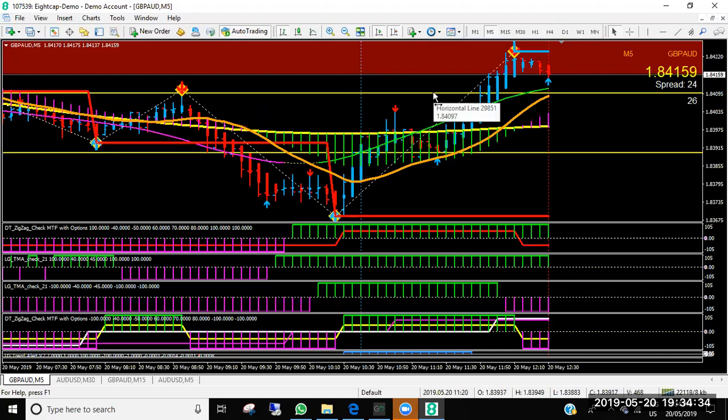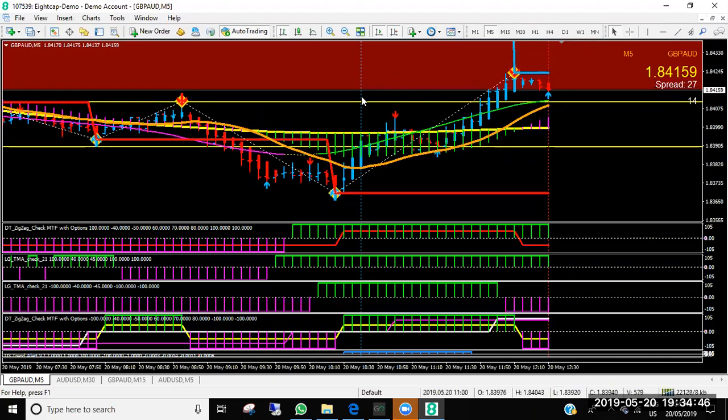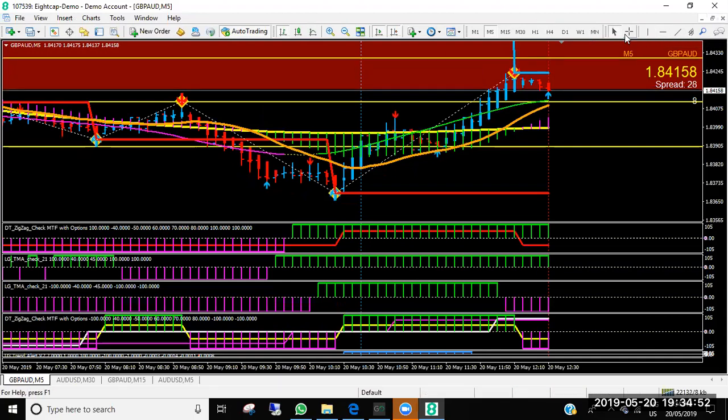A little bit higher. Okay, so confirmed, first place we look up is our first trade management line. We see this, the bottom of the zone, yeah. Next trade management line. Okay, it's up there, okay.